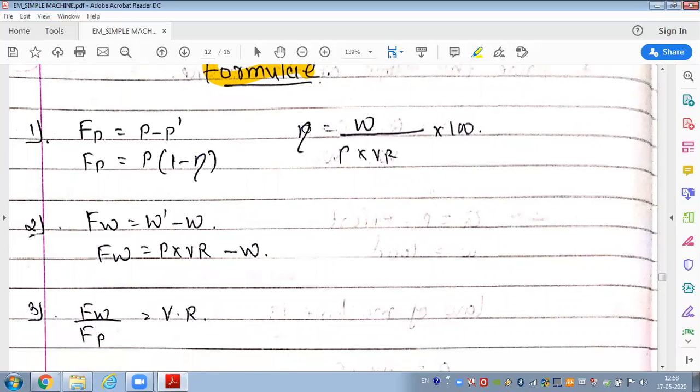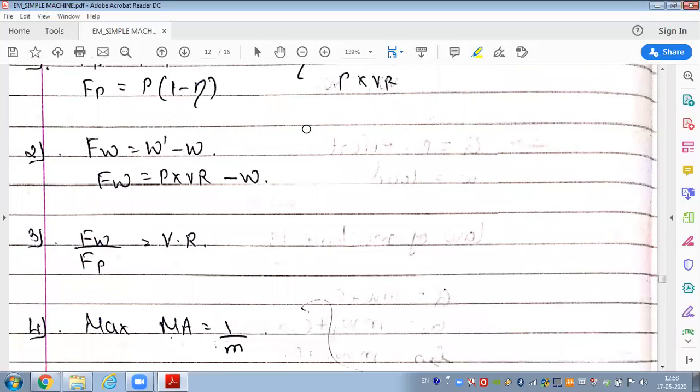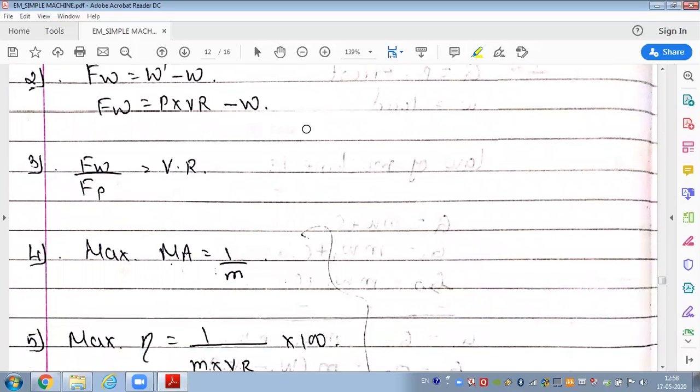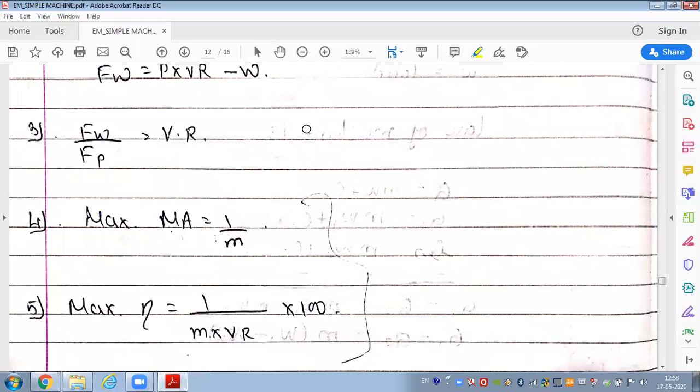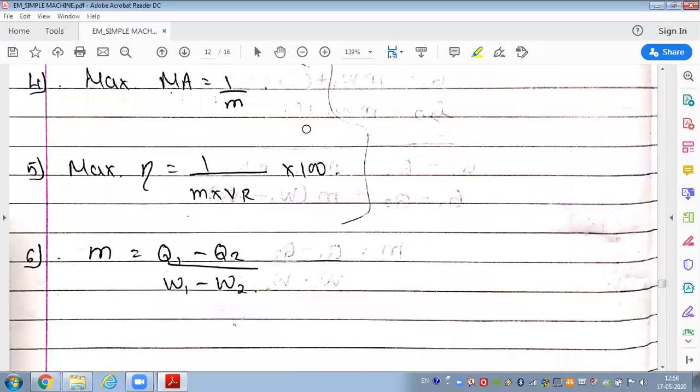The first one is effort loss, efficiency, load lost, the ratio of FW upon FP, maximum MA meaning mechanical advantage, maximum efficiency. Then the slope is also given in the form of load upon effort upon load.